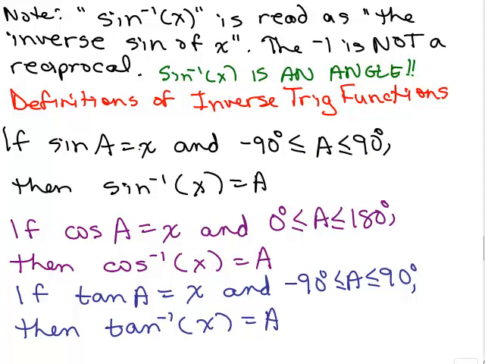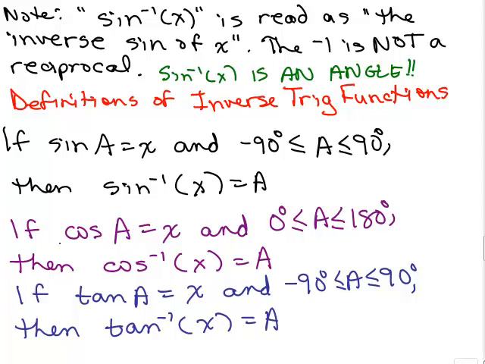Because if the sine is a negative number, it's got to be either in quadrant 3 or quadrant 4. So what we've chosen is quadrant 4, and very specifically, you have to write it as an angle in between negative 90 degrees and 90 degrees. You can't write 330 degrees, for instance. That might be coterminal with a negative angle, but it's not the same.